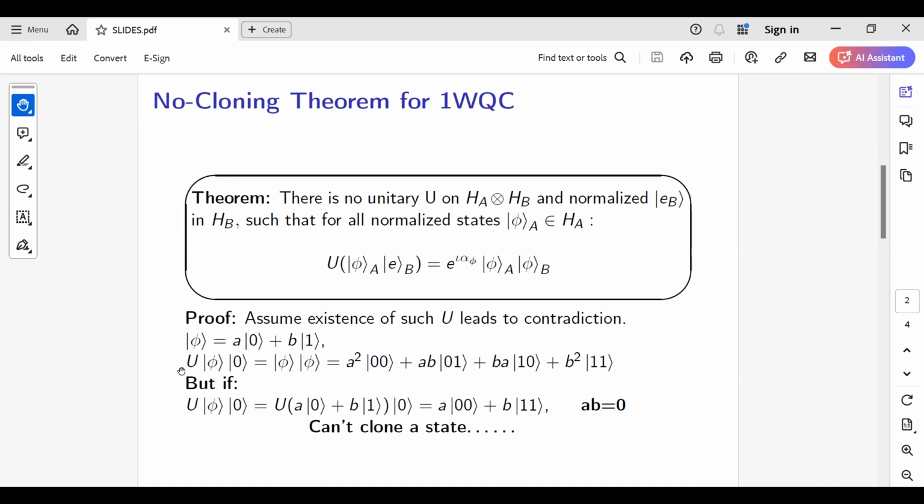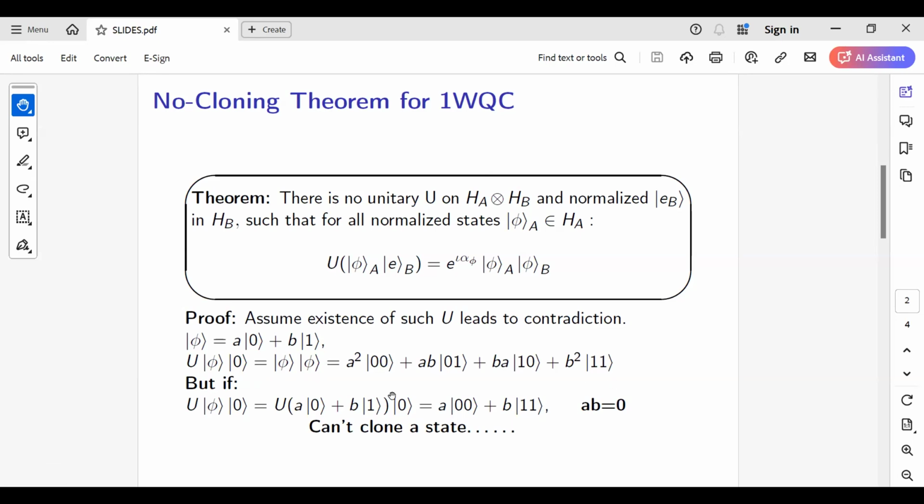Now, such a unitary operator will act on an unknown quantum state and will clone it to a known quantum state. Here, our known quantum state is initialized to be 0. This would be the expression that I will get, and by expanding it into the basis, I will get this.